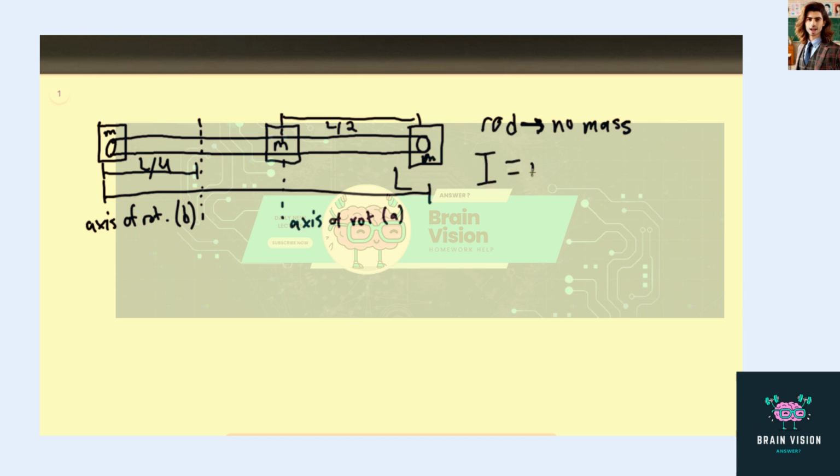We know that moment of inertia equals mr squared. And we know that all of these m's equal each other, so we can just say m1 equals m2 equals m3.